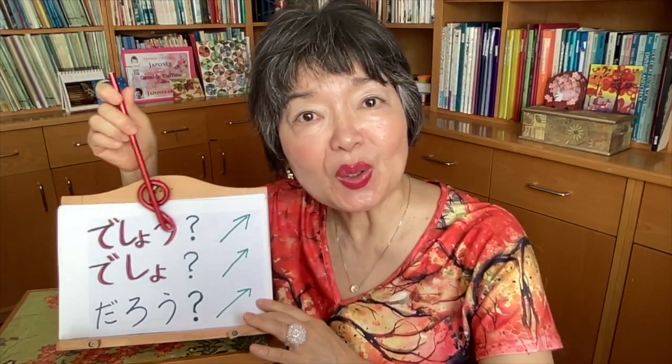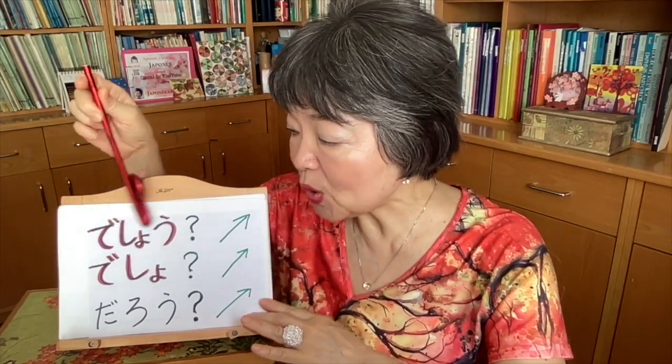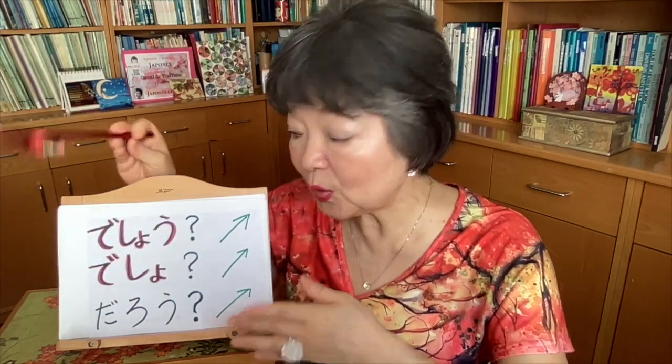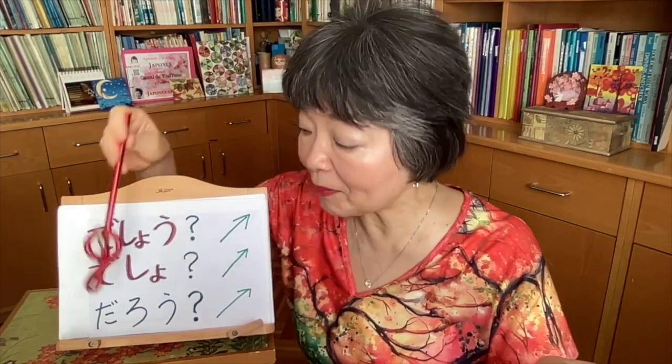でしょう is the more polite way. でしょ is shorter, so this is more casual. But でしょう and でしょ are usually said by women. And だろう is usually not used by women. It is usually men who use だろう when they talk about something. This is men's speech.